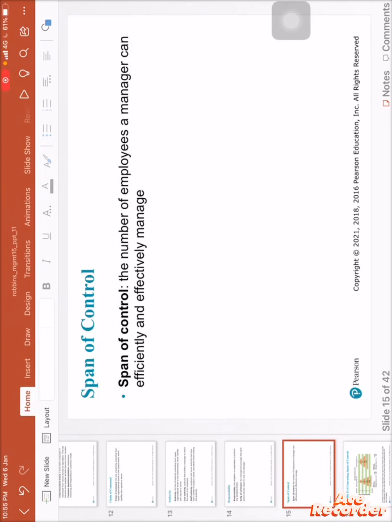But what actually determines the ideal span of control depends on the characteristics of work to be done, the similarity and the complexity, the physical proximity and then the degree of standard procedures. These are the factors that will influence the ideal span of control. If you look at the page here, it depends on these things.